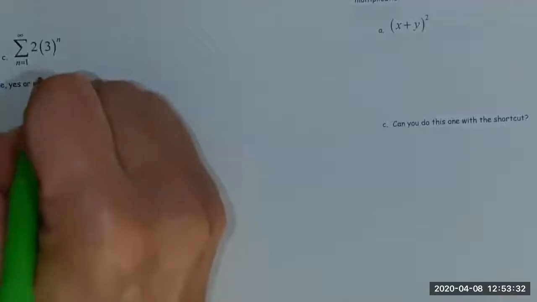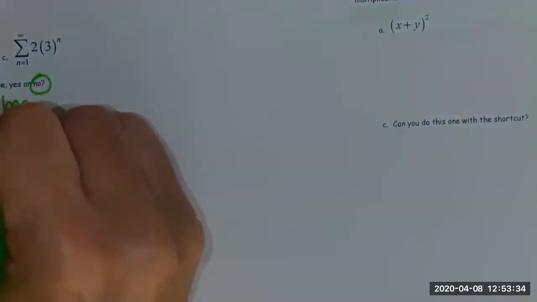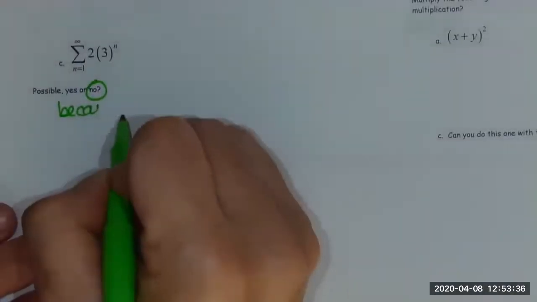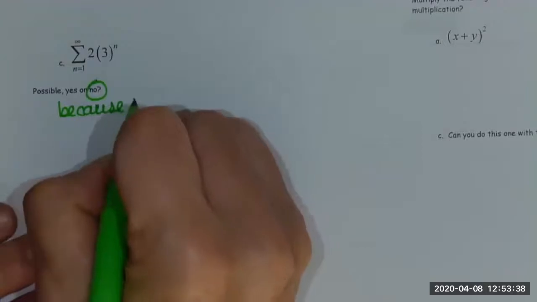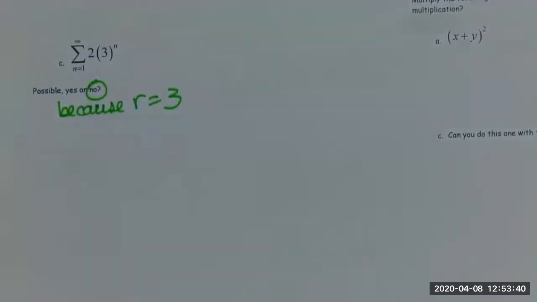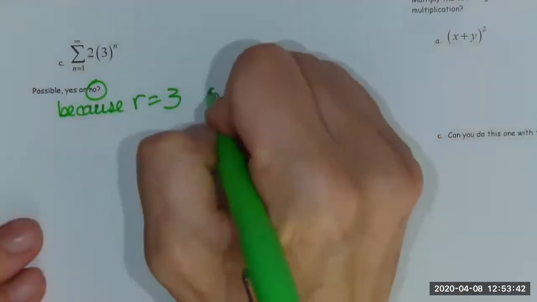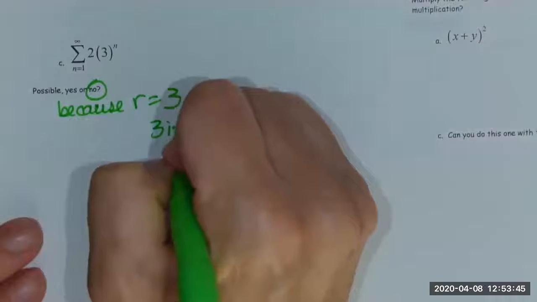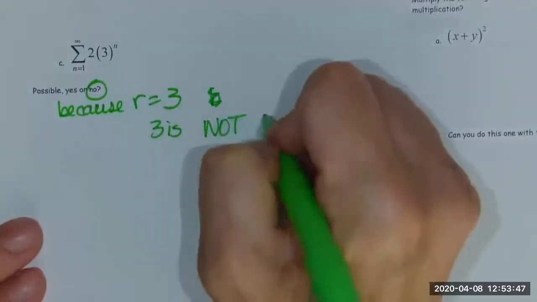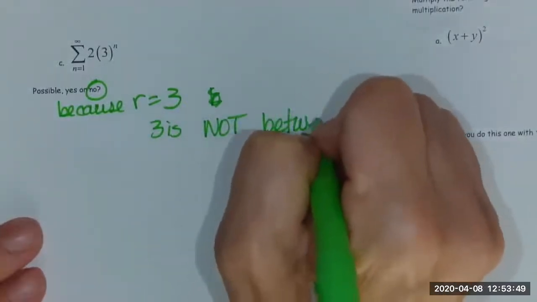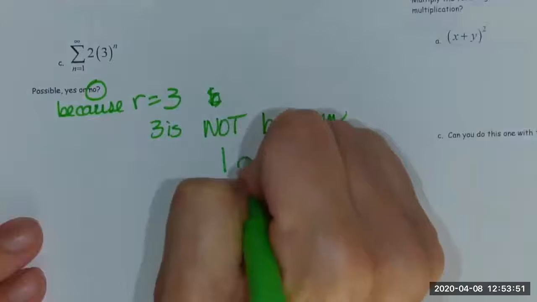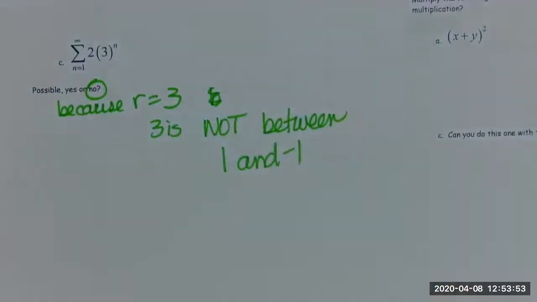Is this one possible? No, because r equals 3. 3 is not between 1 and -1. In other words, it's not a fraction.